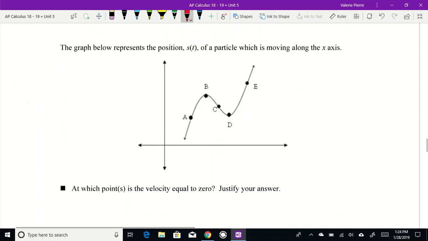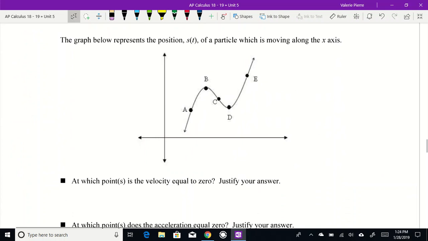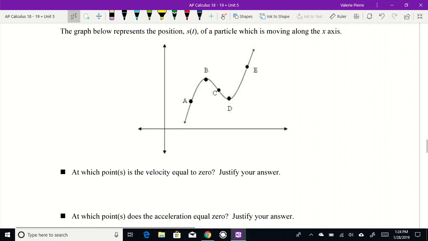So if we look at this graph, it represents the position s of t of a particle which is moving along the x-axis. So if we're looking for points when the velocity is equal to 0, velocity again is f prime of x. When that is equal to 0, those are our horizontal tangents. Right? So v of t equals 0 at b and d.